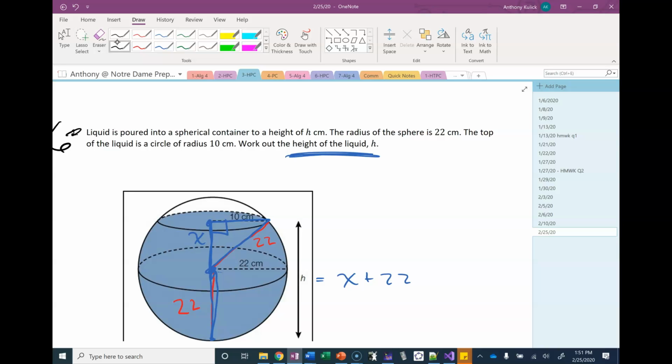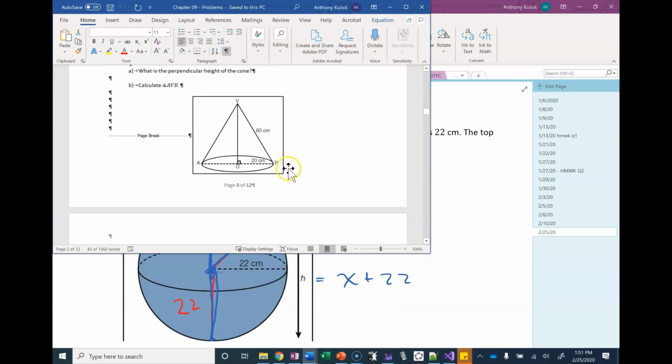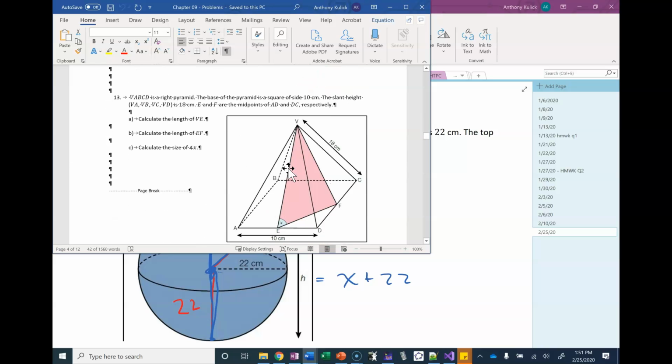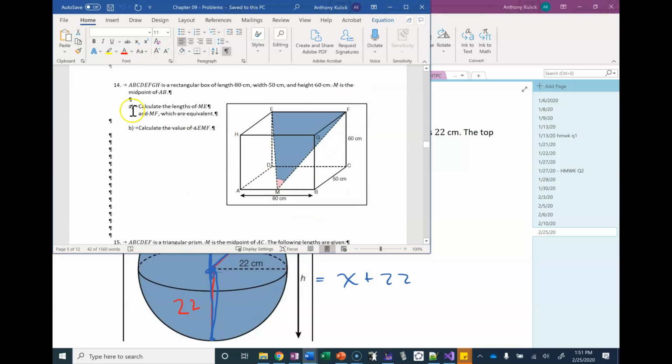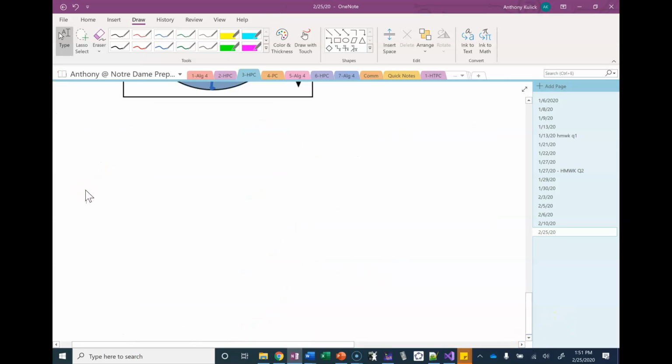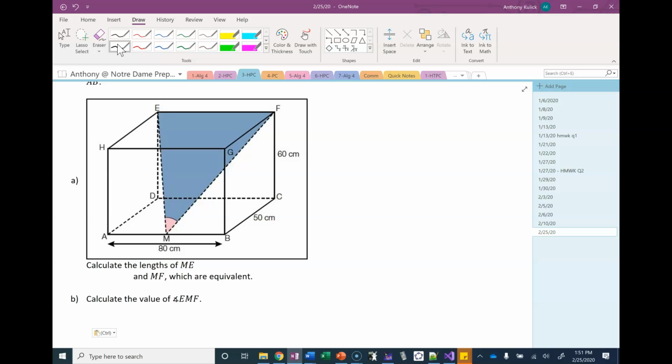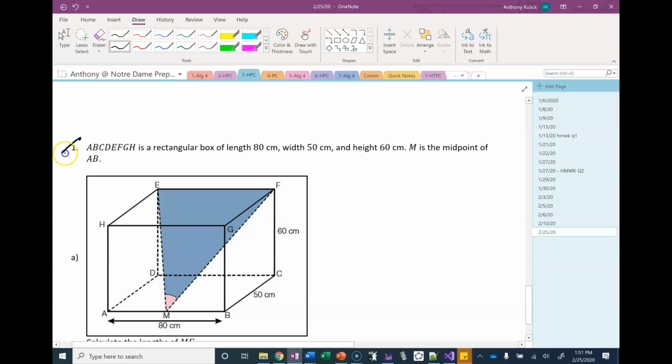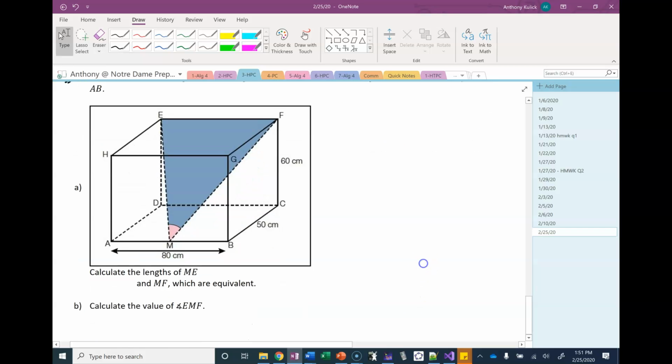Olivia. Sure. All right. This is 14. So calculate the lengths of ME and MF, which are the same.